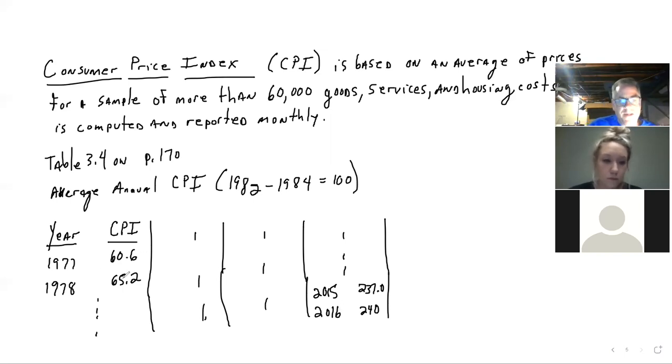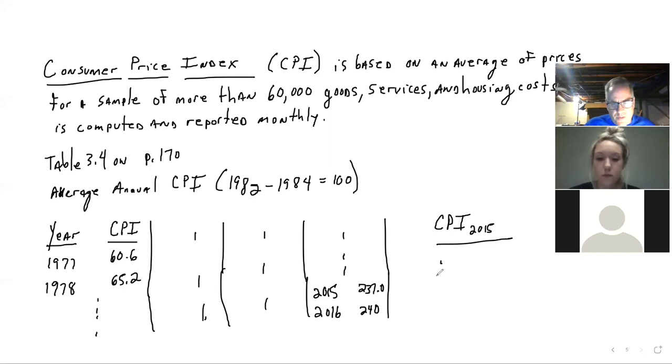But these numbers right here are index numbers. So what can I do with them? If I wanted to compare 2015 to 1995, we'd ask, what was the CPI of 2015? We've got it written right there, it was 237.